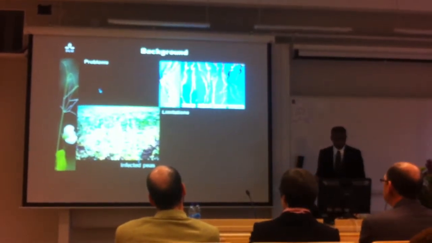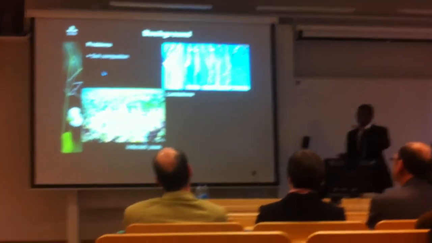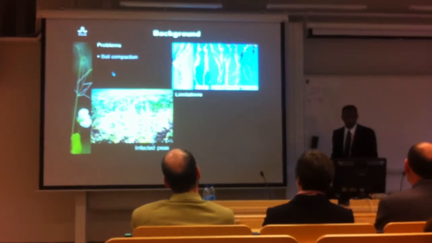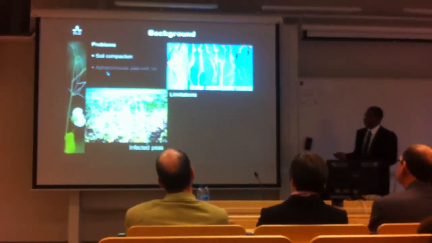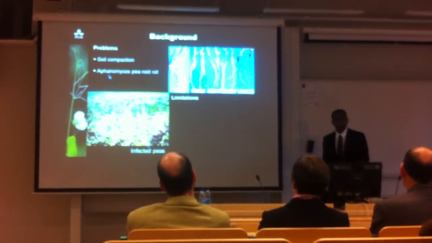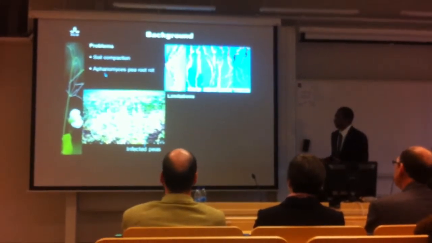But production of pea is very difficult due to soil compaction. If the soil is highly compacted, pea plants cannot grow well. And there is also the devastating disease Aphanomyces pea root rot, caused by Aphanomyces euteiches.